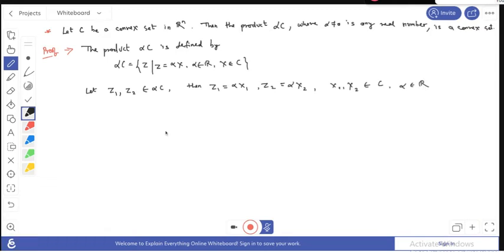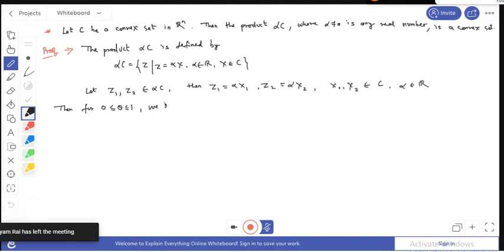Here we have to prove that the convex combination of these two points belongs to the set alpha C. So what is the convex combination? For any theta which lies between 0 and 1, we check the convex combination of these two points: theta of z1 plus 1 minus theta of z2.